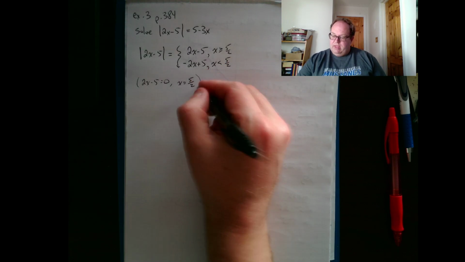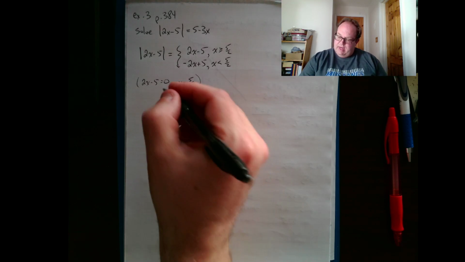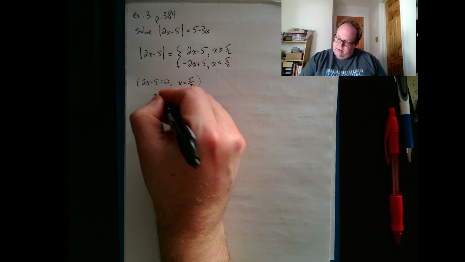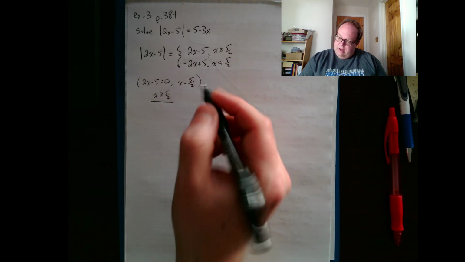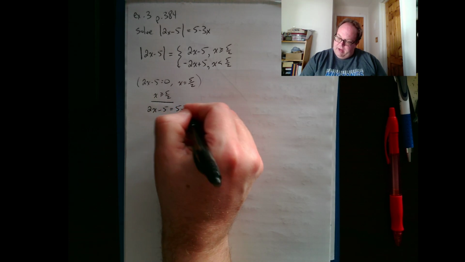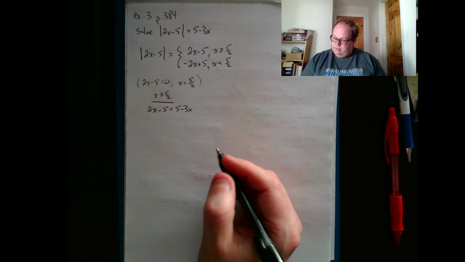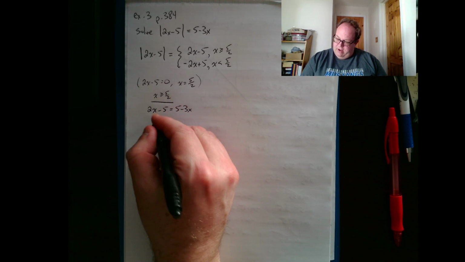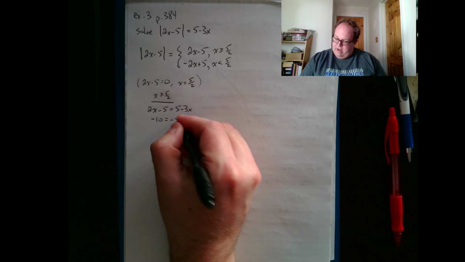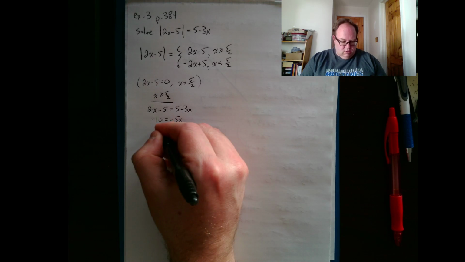Once I've got the piecewise statement, I can then make my solutions. For x being greater than or equal to 5 halves, I'm solving 2x minus 5 equals 5 minus 3x. If I subtract 5 from each side, I get negative 10 equals negative 5x, or x equals 2.